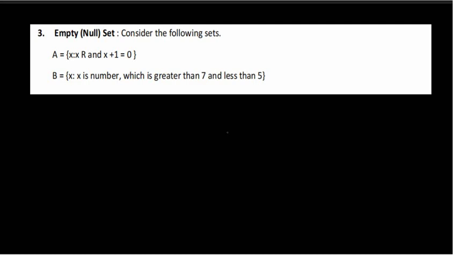Then we also need to look at what we call an empty set, or a null set. If you look at this example, which is A there, they're saying A is equal to x such that x is a member of real numbers and x plus 1 is equal to 0.